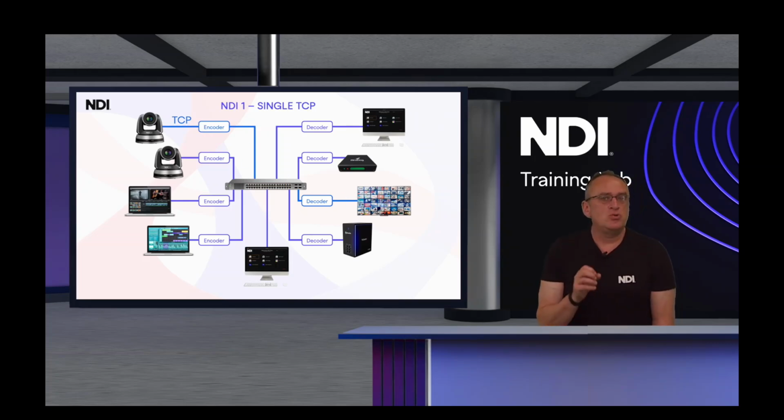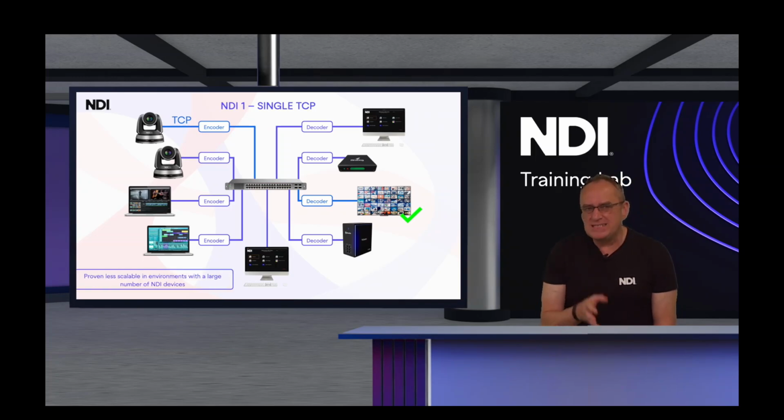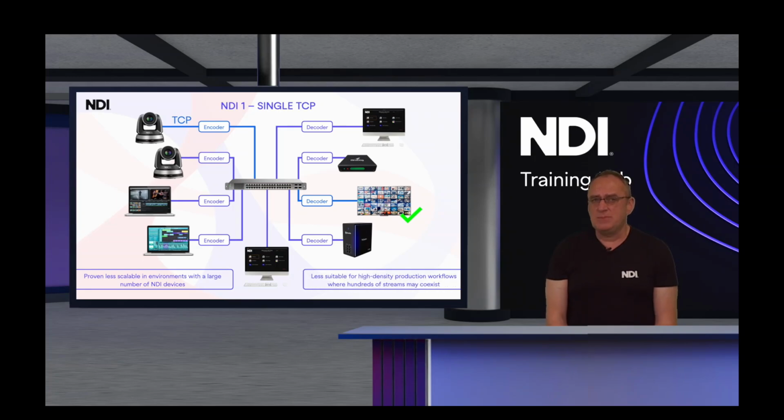And while this approach guaranteed reliable delivery, it proved to be less scalable in environments with a large number of NDI devices. TCP's connection-oriented nature and retransmission mechanisms can lead to excessive network overhead, and that makes it less suitable for high-density production workflows where hundreds of streams may coexist simultaneously.